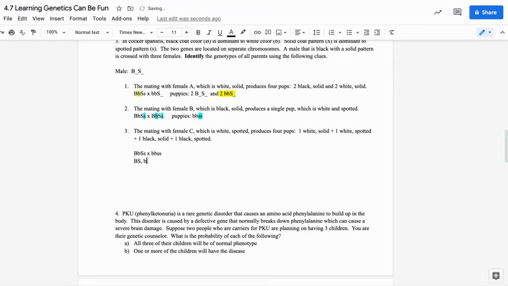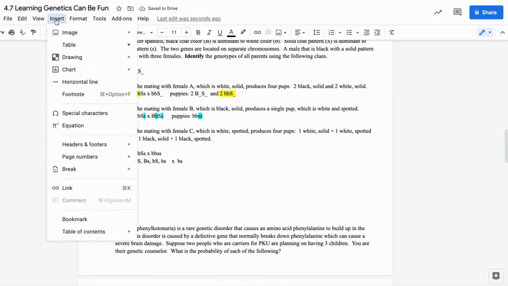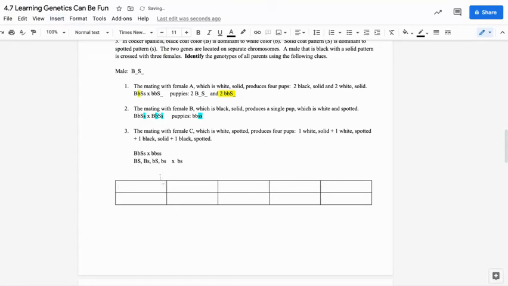Four different possibilities. Sorry, big B with big S, big B with little s, little b with big S, little b with little s. And then the mom only has this. So if you do the Punnett square, it's a really simple Punnett square, and you'd get a 1 to 1 to 1 to 1. But let's just do it to prove it. Four for dad, only 1 possibility for mom. Okay, so mom is this. So mom has that. That's all her eggs are, right?